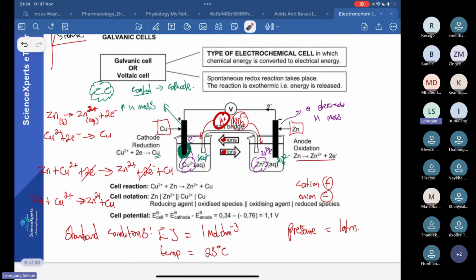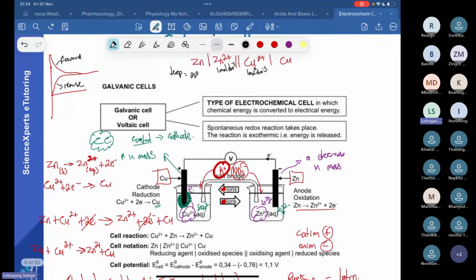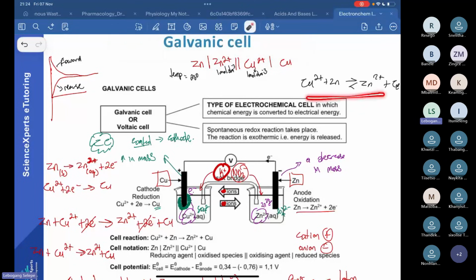So now, to increase the V, remember when I'm saying that the reaction has reached equilibrium, I'm talking about the overall cell reaction, right? Which is Cu2+ plus Zn, giving us Zn2+ plus Cu, right? So when I say that it has reached equilibrium, I'm saying this reaction because it's the net reaction.